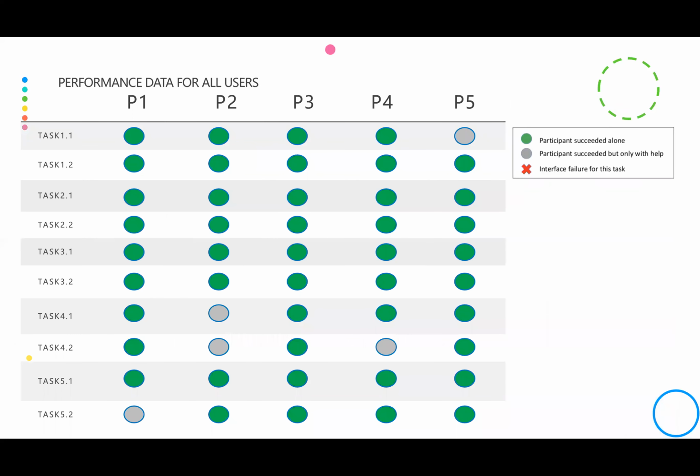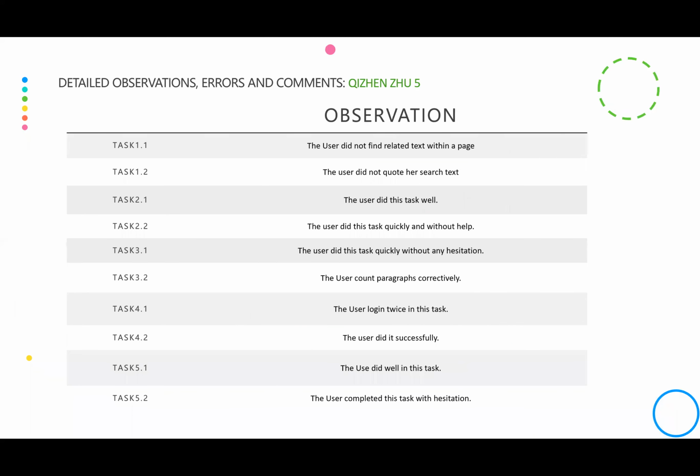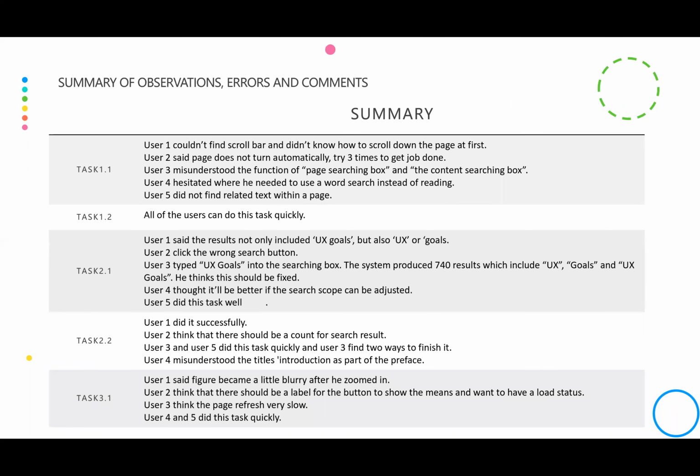That's the performance data for our users. As you can see, all of the users finished most of our tasks by themselves. Here is the summary of observations. The first task, go to the specific page. Maybe because this is the first time they use this system, they have relatively more problems with it.